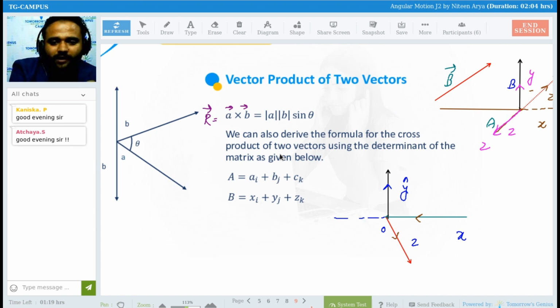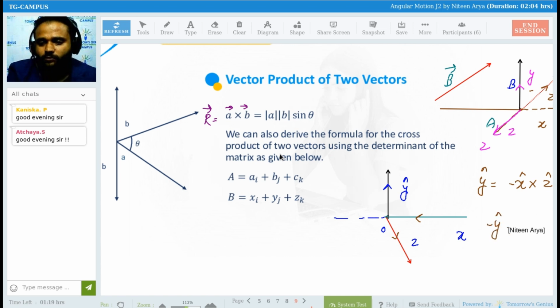I am finding positive of y, but only and only when I do this x cross j. Clear? So if I am multiplying both with the negative sign, what can I do? Is this clear?